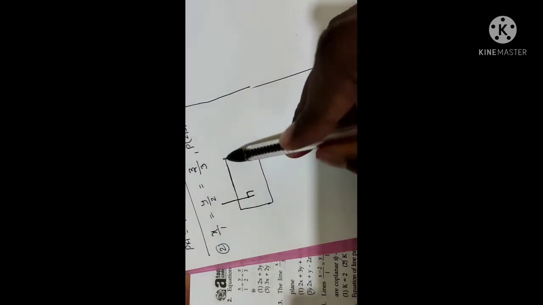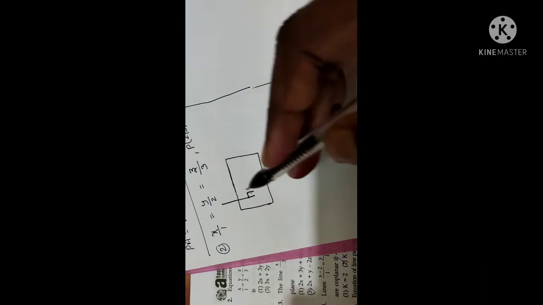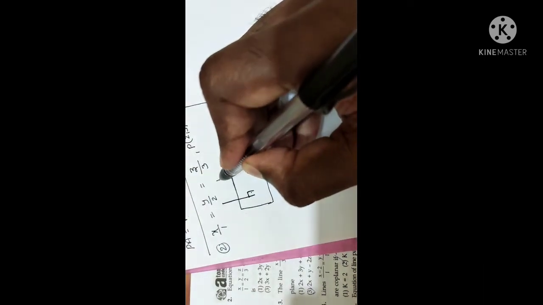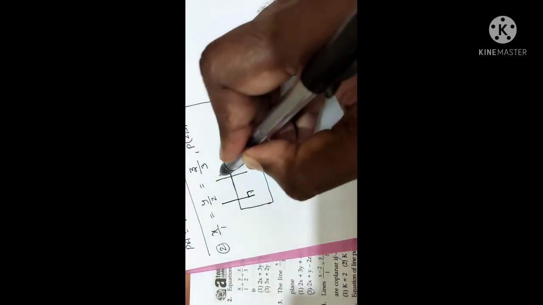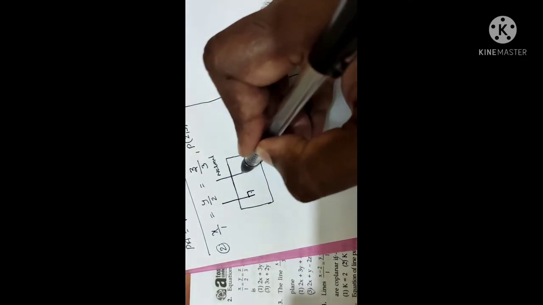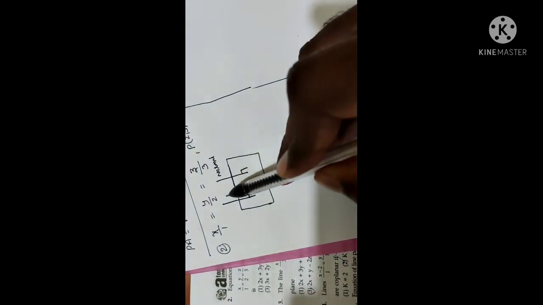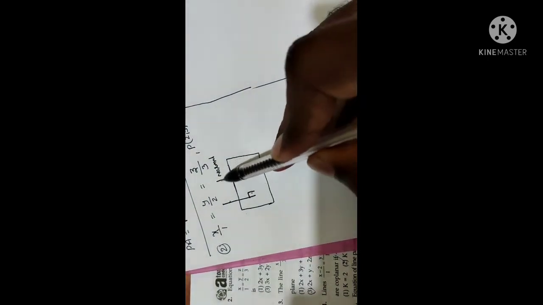We need to find this plane that is perpendicular to the line. This is the given line. I will draw a normal to this plane. The normal is also perpendicular to the plane. Now this normal and this line are which type of lines? Parallel lines. If the lines are parallel, then the DRs are equal.